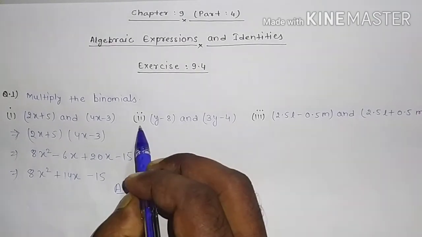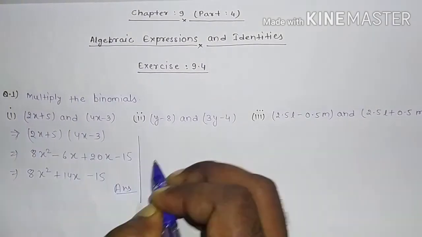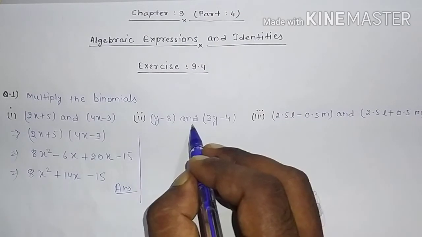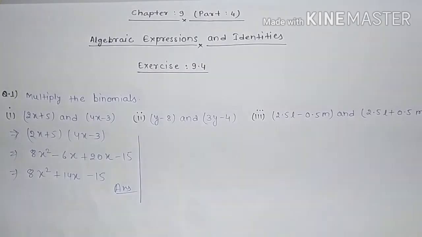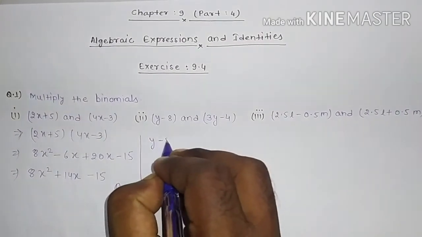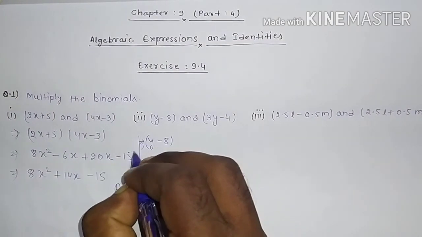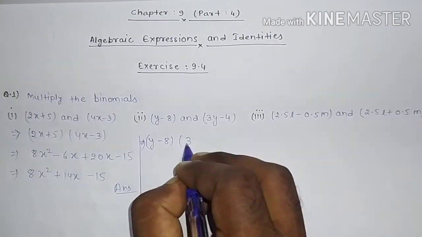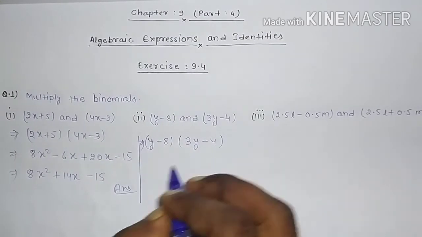Similarly, question number 2. y minus 8 is multiplied into 3y minus 4.